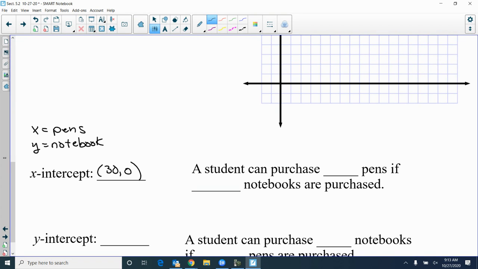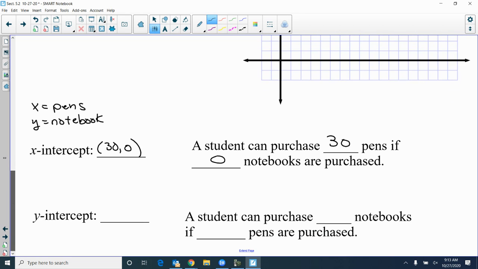Well, what should go in there? 30 if blank notebooks are purchased. 0. So fill that in. So you purchase 30 pens if 0 notebooks are purchased. Your y-intercept is 0, 20. That means a student can purchase 20 notebooks if 0 pens are purchased.